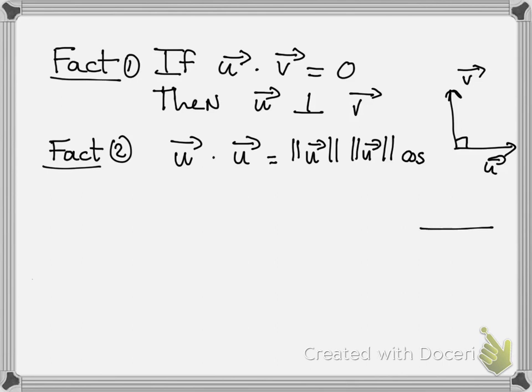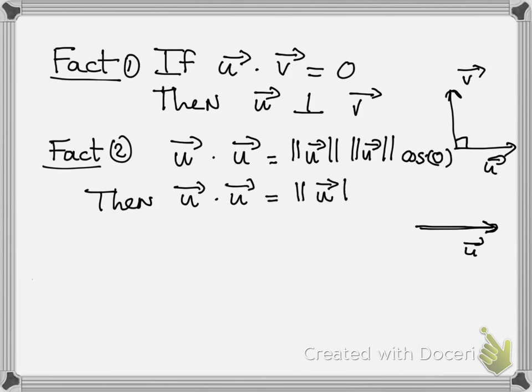So this is vector U, and here is again vector U. So what's the angle between U and itself? Well, it's just 0. So that's cosine of 0, and of course cosine of 0 is 1. So then U dot U is actually equal to the length of U squared. Okay.